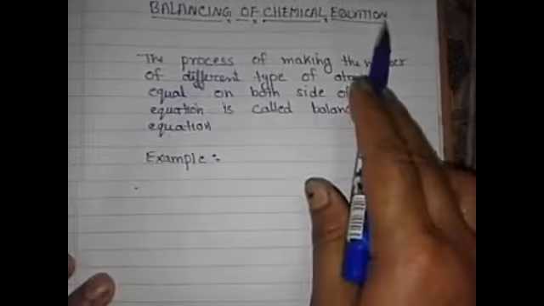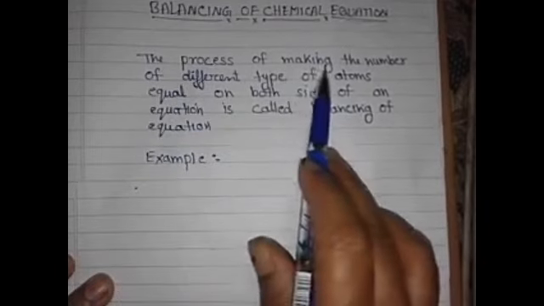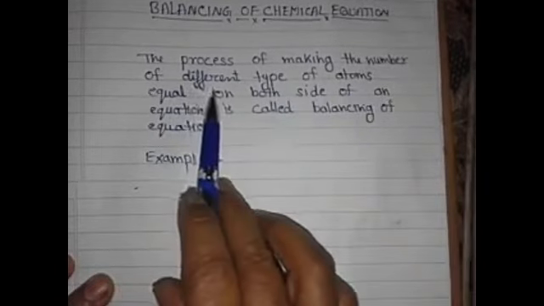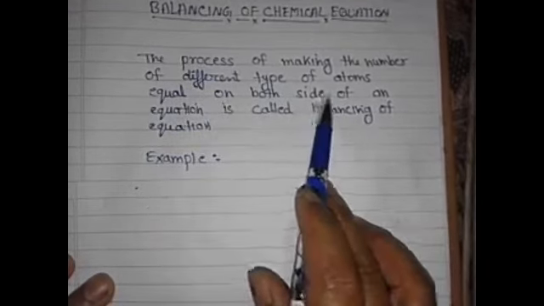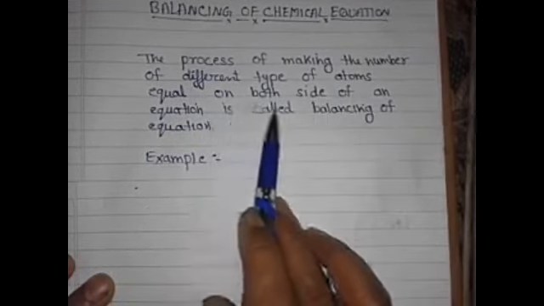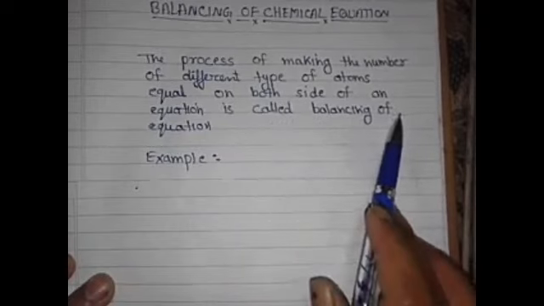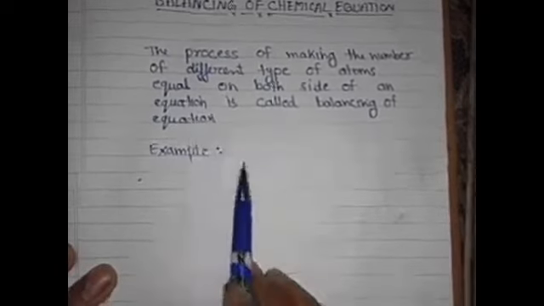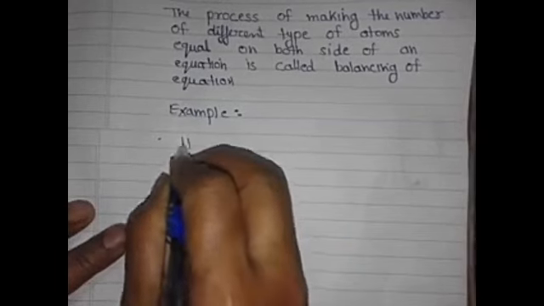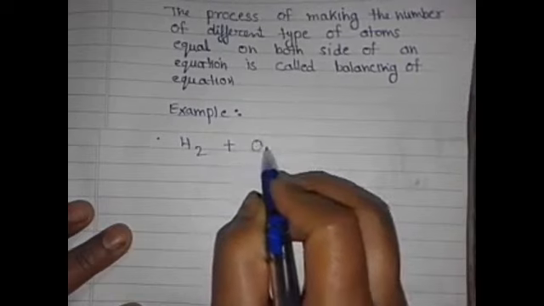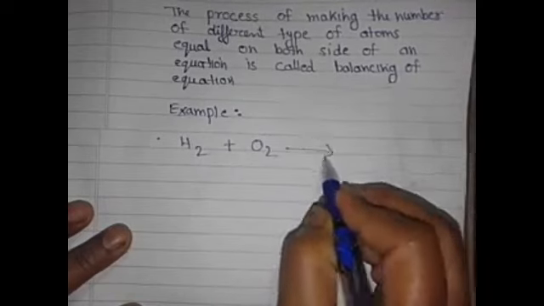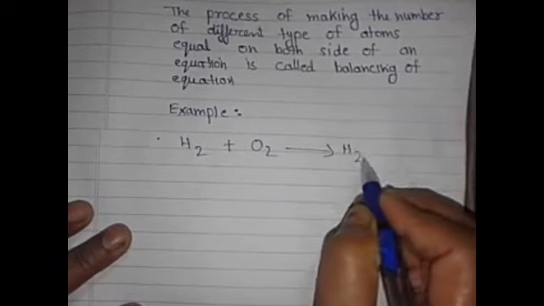Balancing of chemical equations. The process of making the number of different types of atoms equal on both sides of an equation is called balancing of equations. For example, H2 plus O2 is equal to H2O.